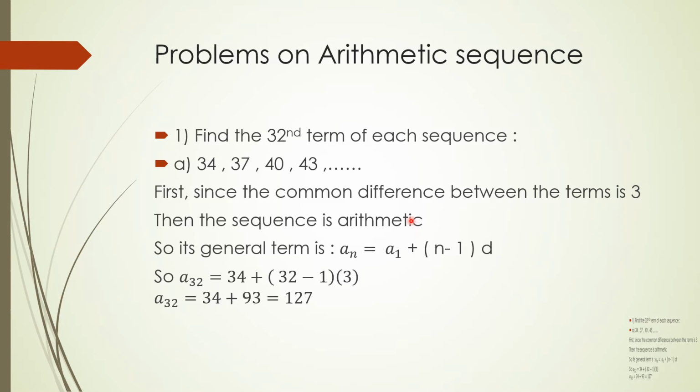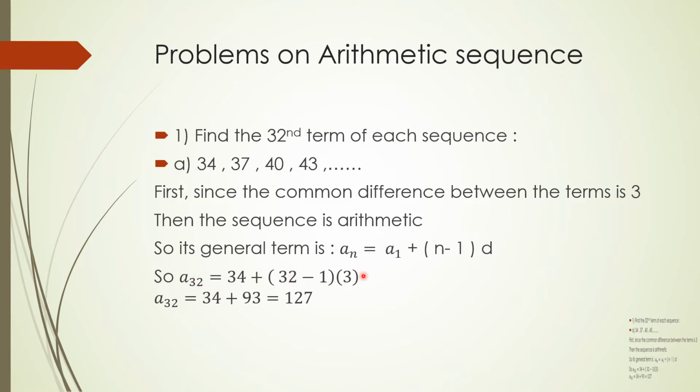So the sequence is an arithmetic sequence, and we can define its general term by a_n equals a_1 plus (n minus 1)d. In order to find the 32nd term of this sequence, all we have to do is replace n by 32.